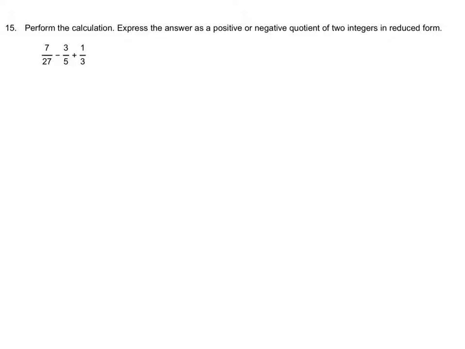In order to add and subtract these fractions, I'm going to use a different method using the LCM. So I'm going to find the least common multiple of all three of these denominators. In order to find the LCM of all three, I need to write the prime factors of each denominator.